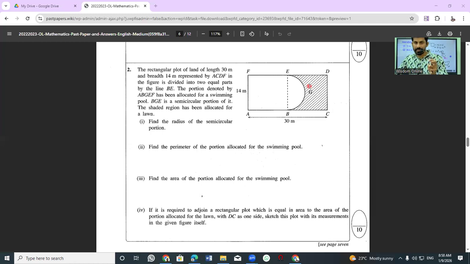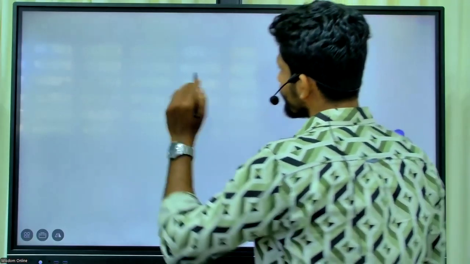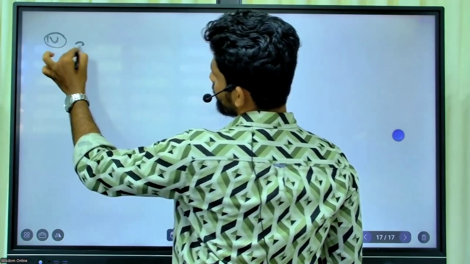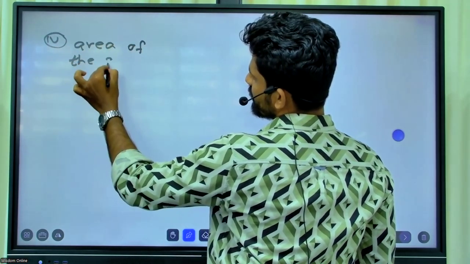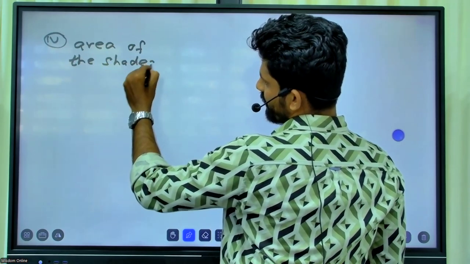So DC should be equal to one side. DC means 14. That area equals the shaded part. First, we need to find the area of the shaded part.